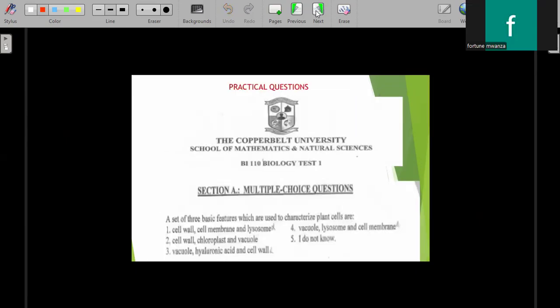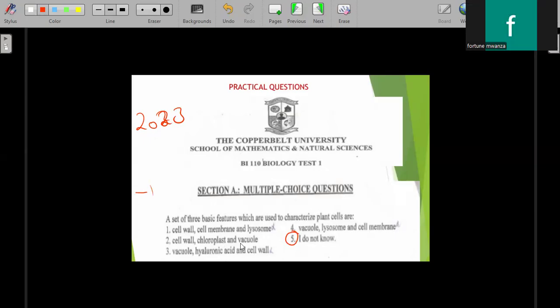Now for the sake of time, let me run through these MCQs for your test one. This was, I think, 2023. So these are some of the questions you had in 2023 for test one. This one is negative marking. There's an option for I don't know. If you don't know, you pick I don't know, meaning you get a 0.